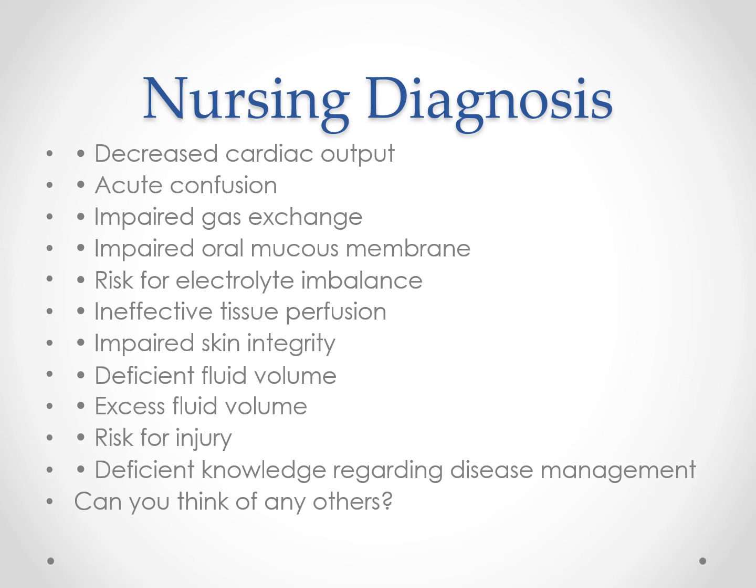Risk for injury, I wonder why. Oh yeah, because the sodium and calcium receptors and potassium help with muscle activity, right? So that excitability, or not, if it's high or low. Deficient knowledge regarding disease management.